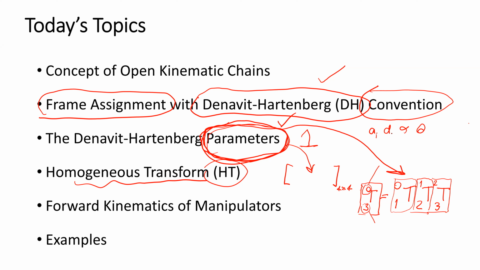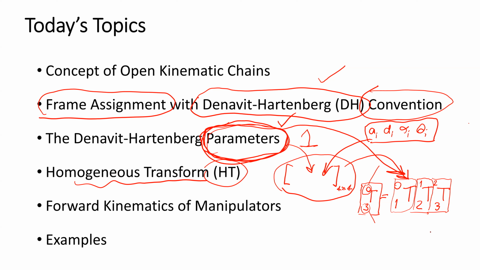Today we will learn how to find these 4 parameters that represent one link, and the 4 parameters can compose one matrix. And this 4x4 matrix is one homogeneous transform to represent that link of the robot.